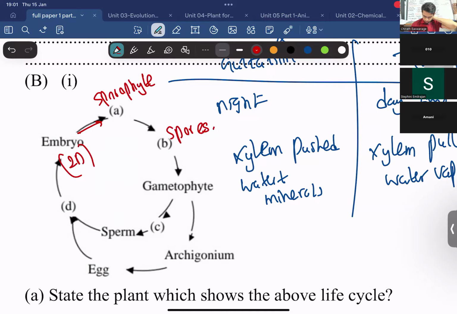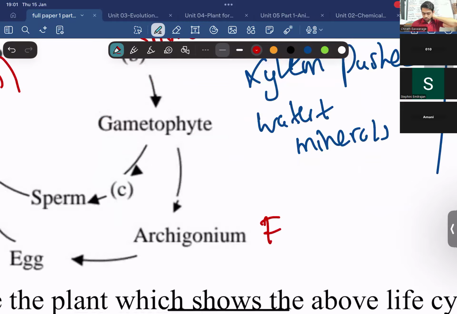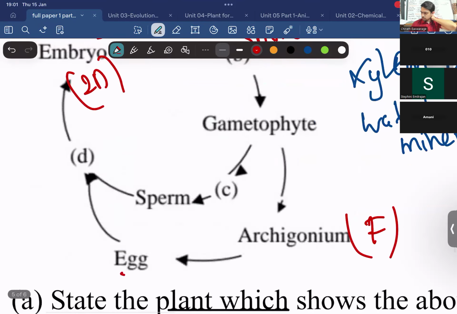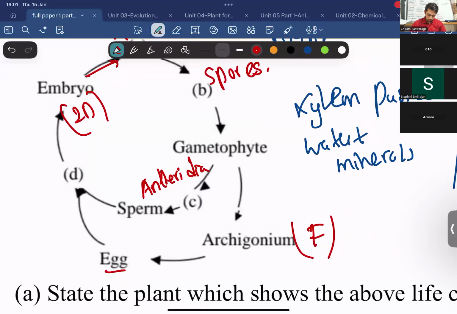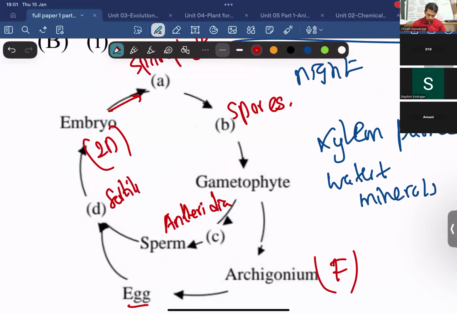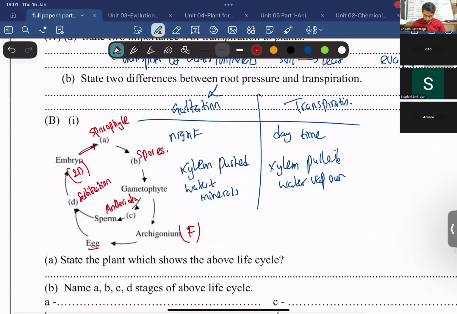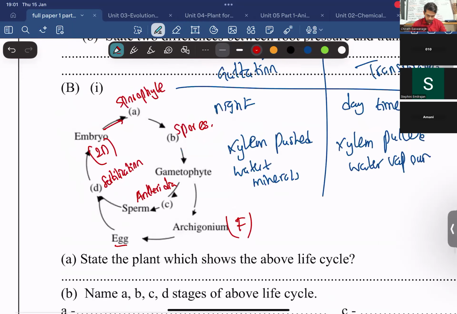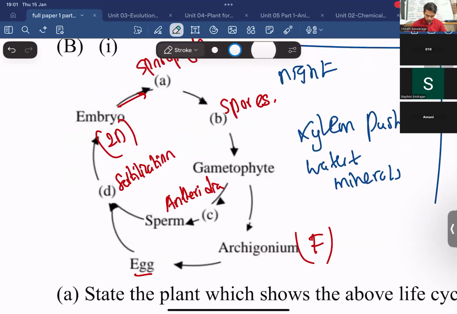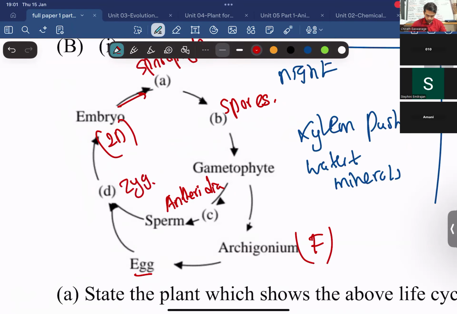Gametophyte is going to produce the female archegonium, okay? You are going to make eggs. What is the male gametangia, or the male reproductive organ? Antheridia. So C is antheridia. And egg and sperm are going to combine by the process of fertilization. That is the labeling. No, sorry. So they're asking D. D is not a process. Zygote is the best.